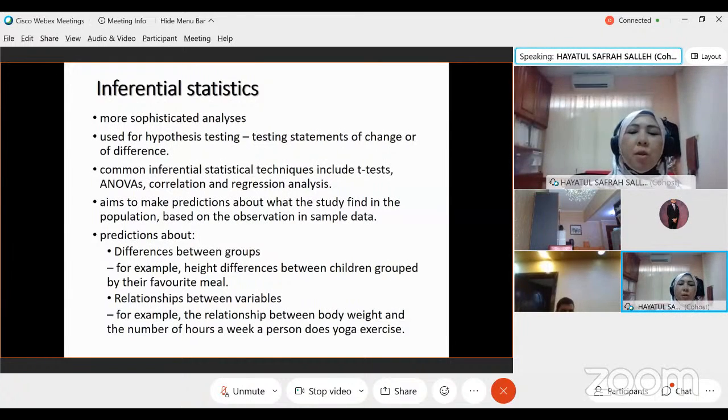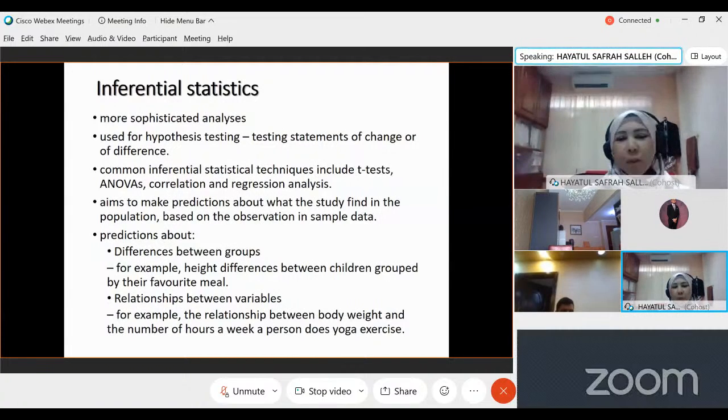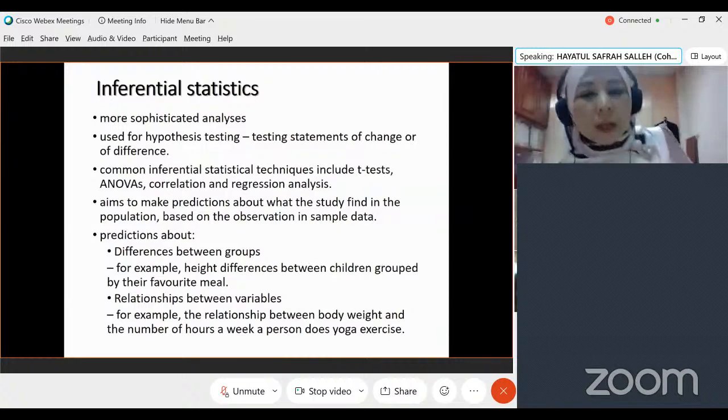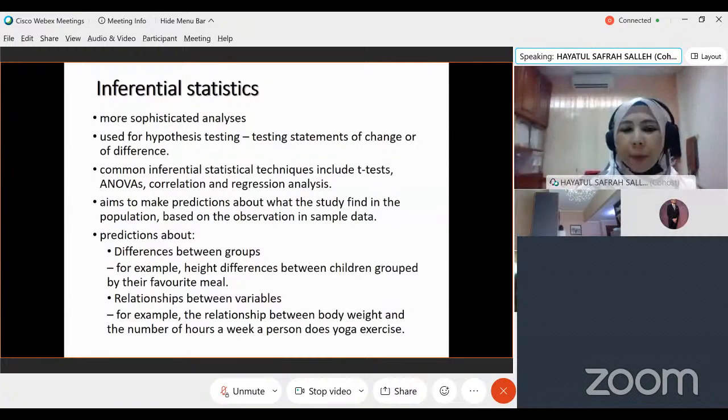So based on your findings, you predict that among Malaysians, for example, most of them are not aware of the organic food that is in the market.